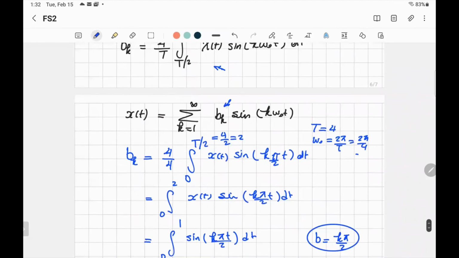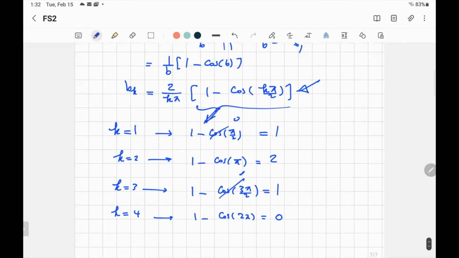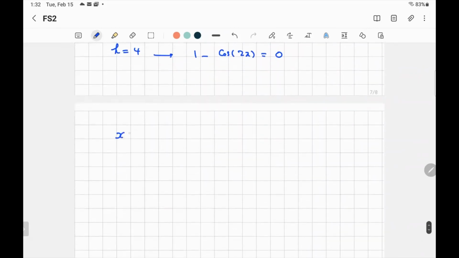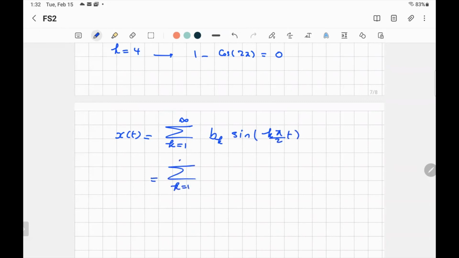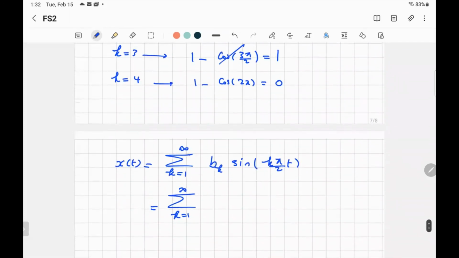What am I supposed to do now? Put it in the expression of x of t. So x of t equals, let me just write the formula here, sum from k equal 1 to infinity of B_k sine k pi over 2 t. It's only sine because it's odd. And now we got B_k equal to 2 over k pi.